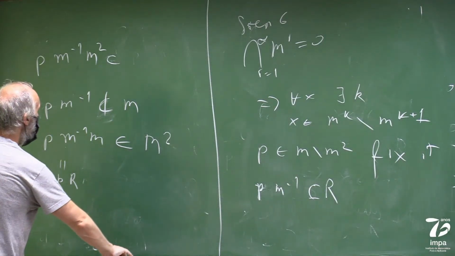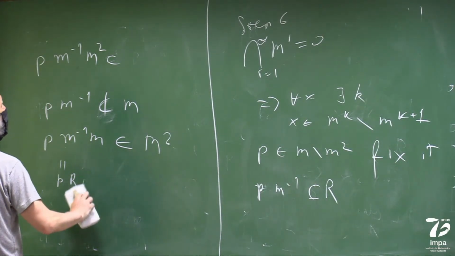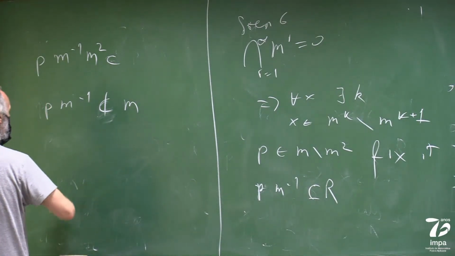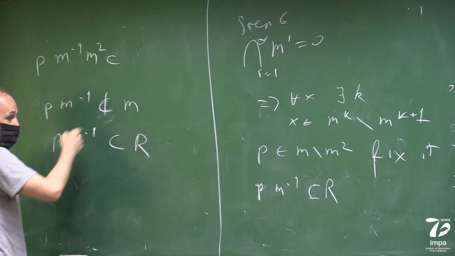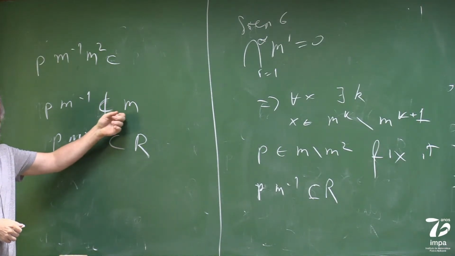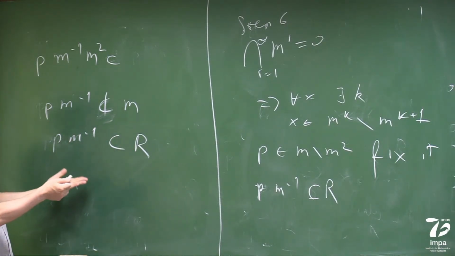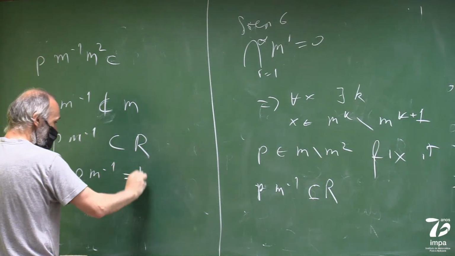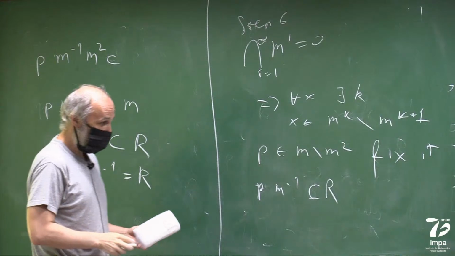But then it's an ideal, it's a submodule. So p m^(-1) is a submodule in R, which doesn't belong to m. m is the only maximal ideal. So anything which doesn't contain m is in fact R. So this implies that p m^(-1) is R. Good.